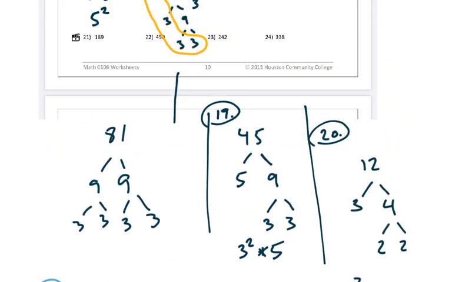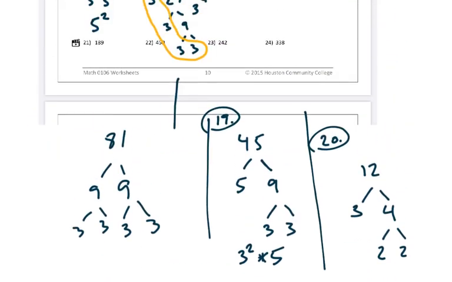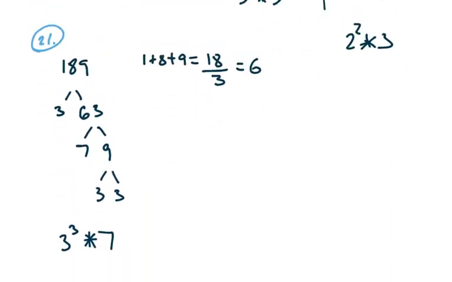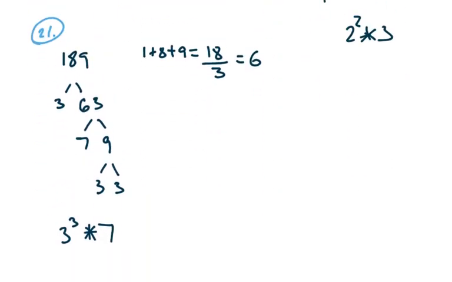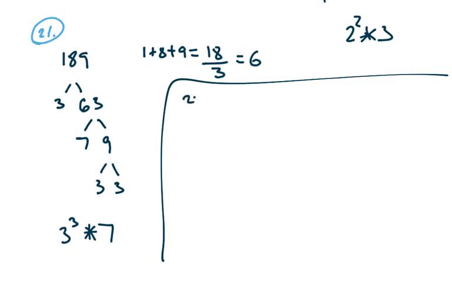Okay, what's next? Number 22 is 450. So, let's try to fit 22 in here. 450, I'm going to say, is divisible by 3, because 45 divided by 3 is 15, so this is 150.